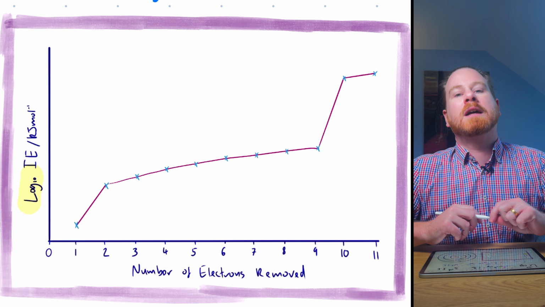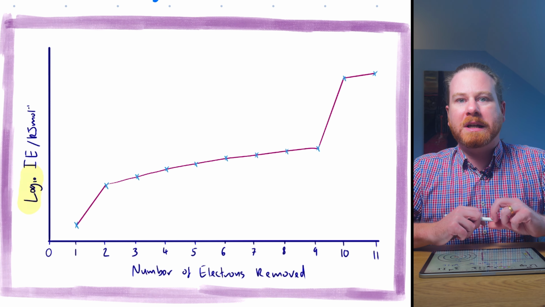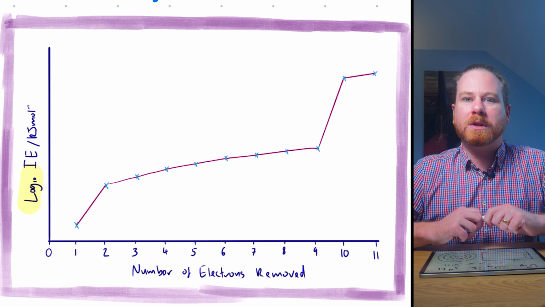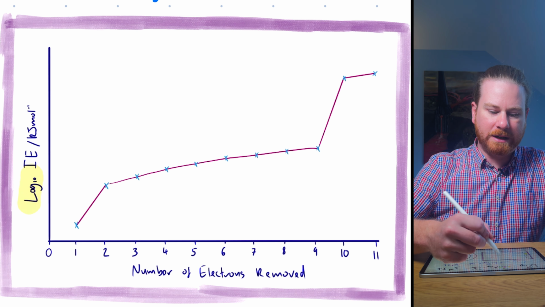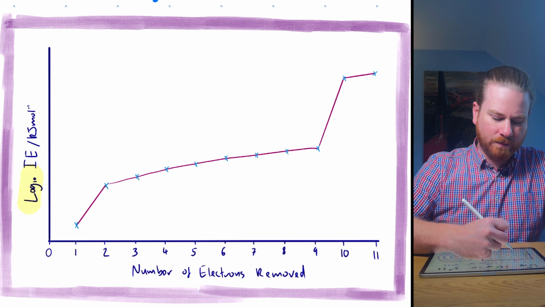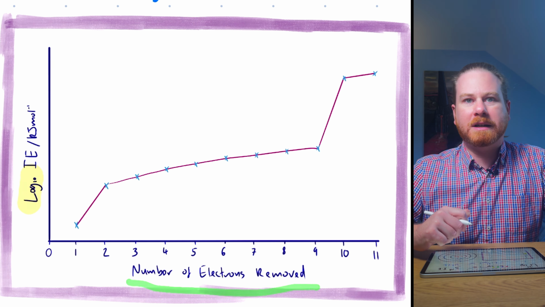The number is getting so big because each remaining electron is feeling a bigger electrostatic attraction to the nucleus. Then what we've got on the x-axis is the number of electrons removed.